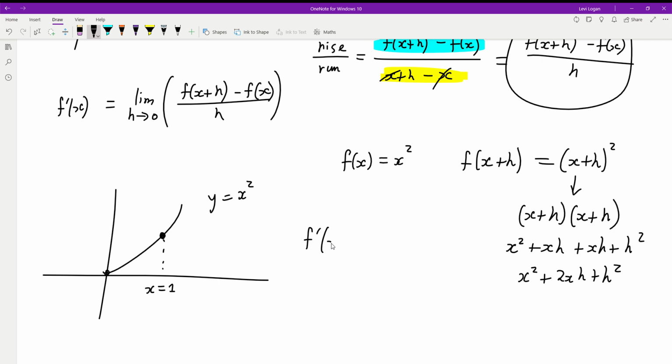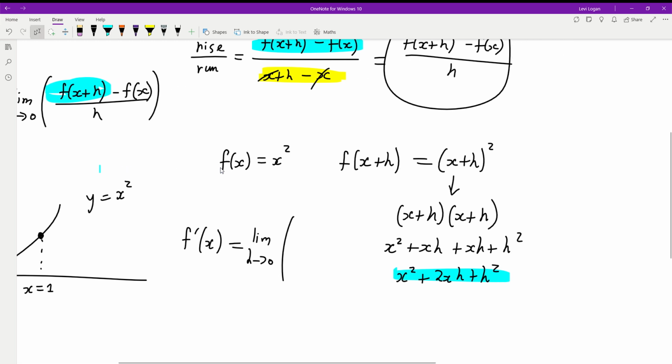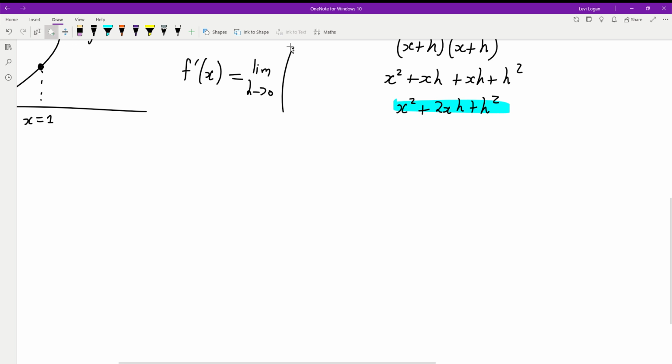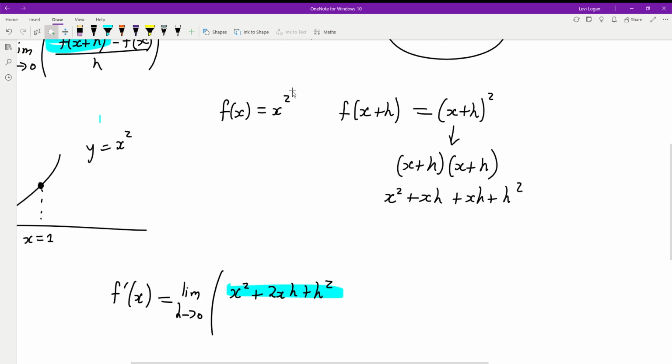I'll get f dash of x is going to be equal to the limit, as h goes to 0, of my f of x plus h, which is this expression here, minus f of x, so this guy here, divided by h.